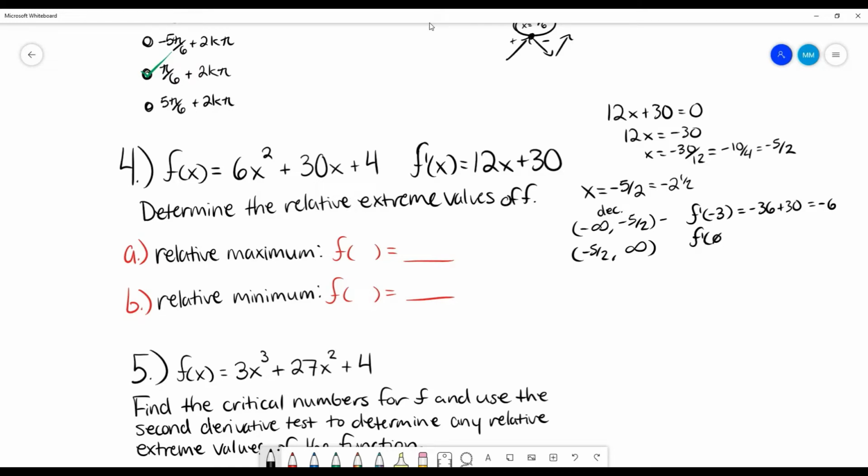And that's on this next interval. And that's just going to be 30, which is positive and increasing, which means it goes decreasing, increasing, which makes this a relative minimum. So we don't have a relative maximum because this is infinity and this is infinity.